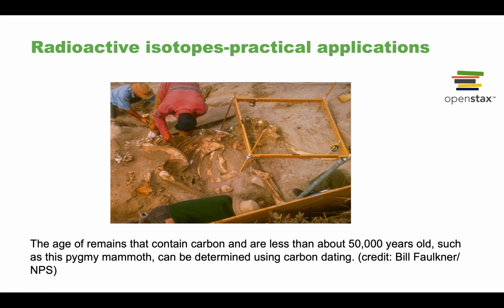And because they know how long it takes for that carbon to decay into the more abundant form, they can predict how old a piece of fossil is. So following chemical reactions, what happens to molecules in chemical reactions, and radioactive dating are a couple of applications in science that involve isotopes of elements.